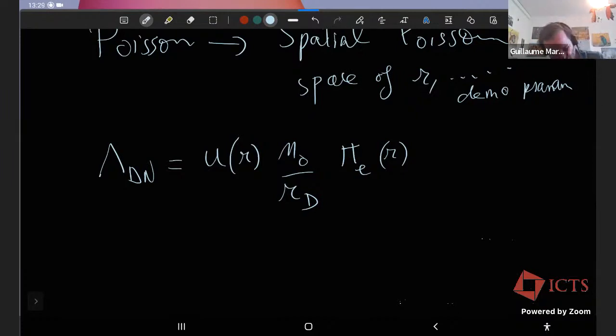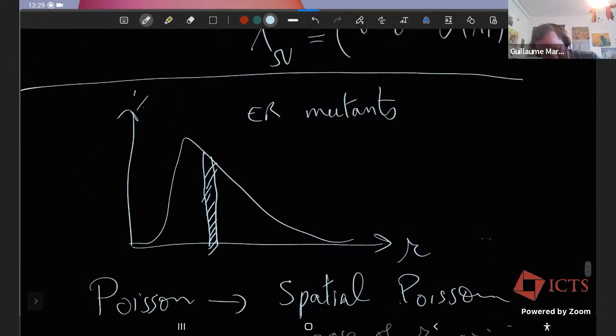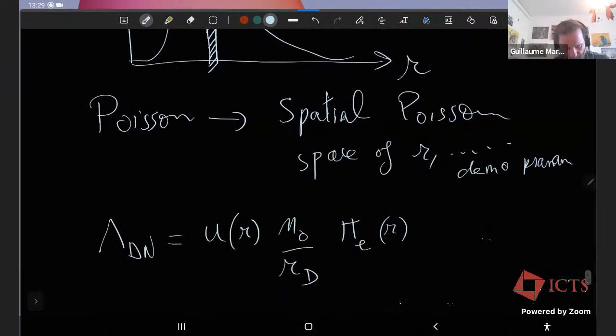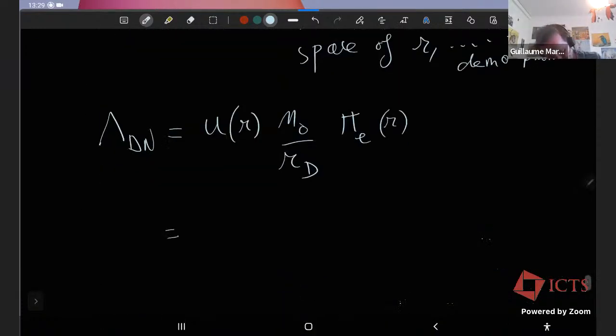So what is U of R? Well, if you have a distribution of fitness effects, so this F of R, this thing would be a distribution of fitness effects, then this will be, sorry, there was a B in front. There was a birth rate. The birth rate was the birth rate of the wild type, so we don't have to distribute it.